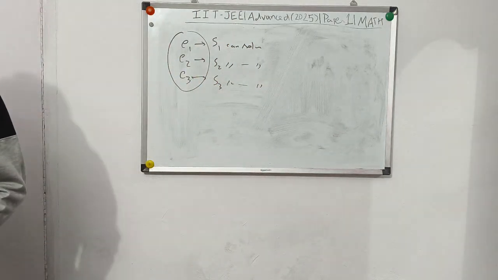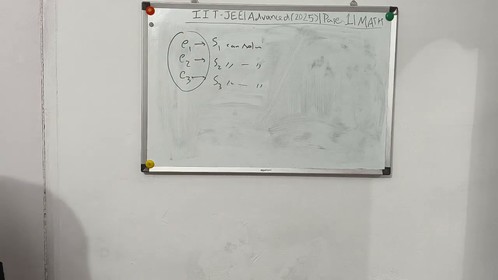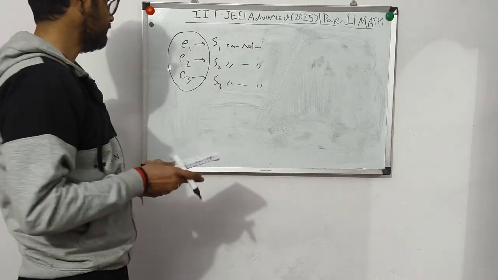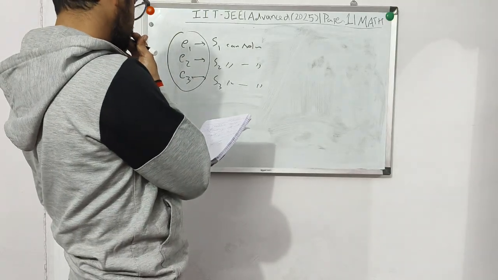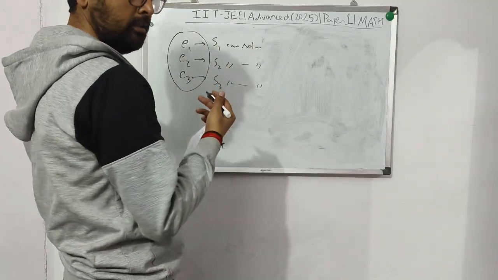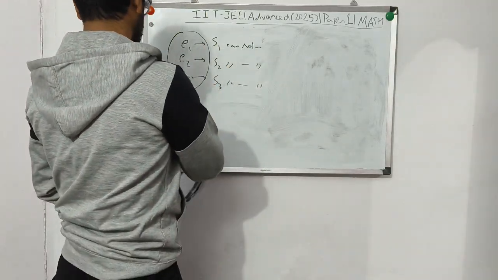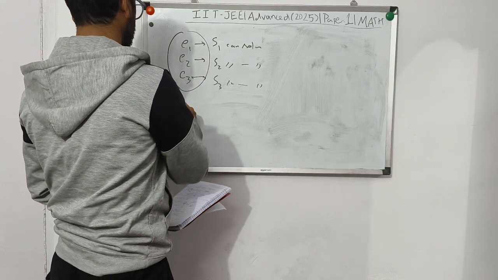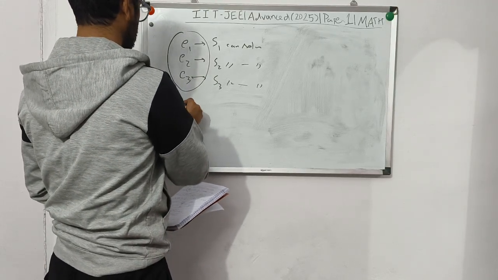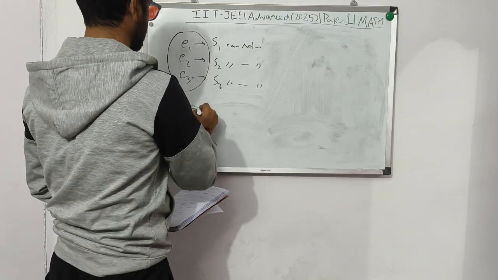So rewriting the events that we were given in terms of E1, E2, E3, I will also denote the event E2 union E3 by A. Okay.